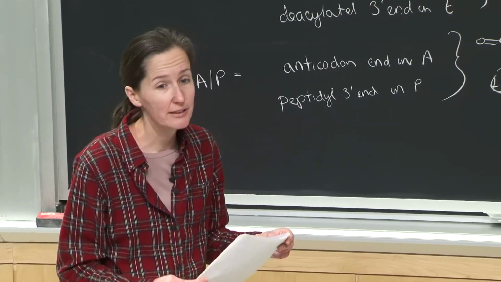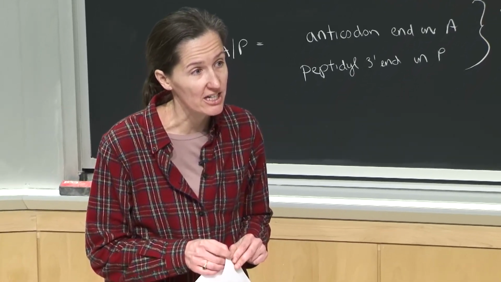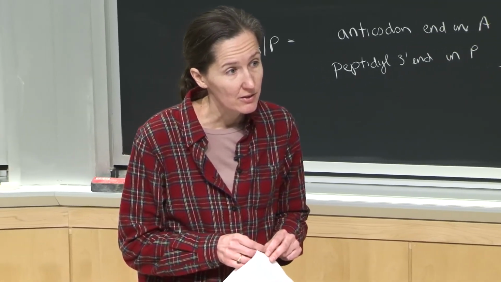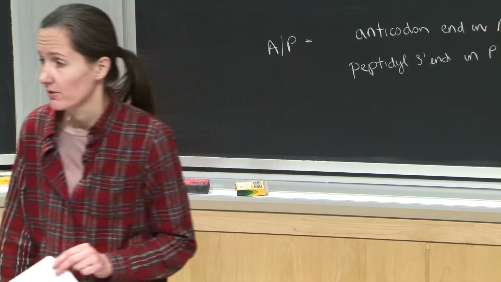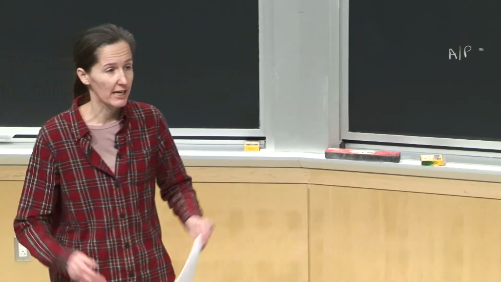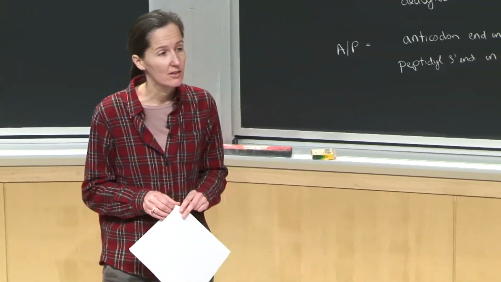Oh, the resolution. So rewinding back to recitation last week, crystal structures have a resolution. And so what does 1 angstrom resolution versus 2 versus 4 allow us to see?